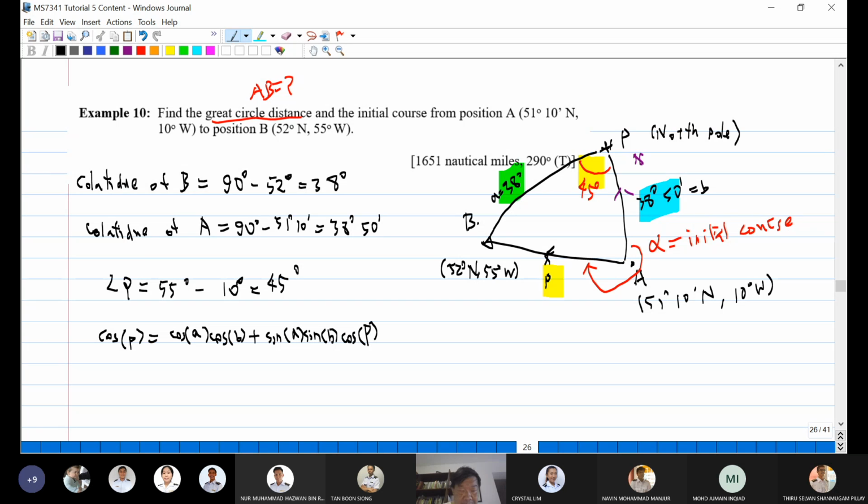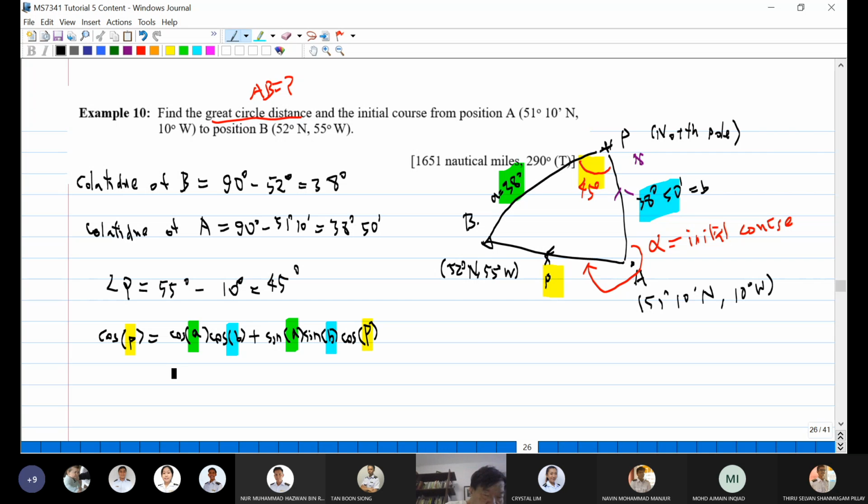Because the theorem is for spherical triangle now. So this is angle P, and then I have a here and b here. Right? This law of cosine.